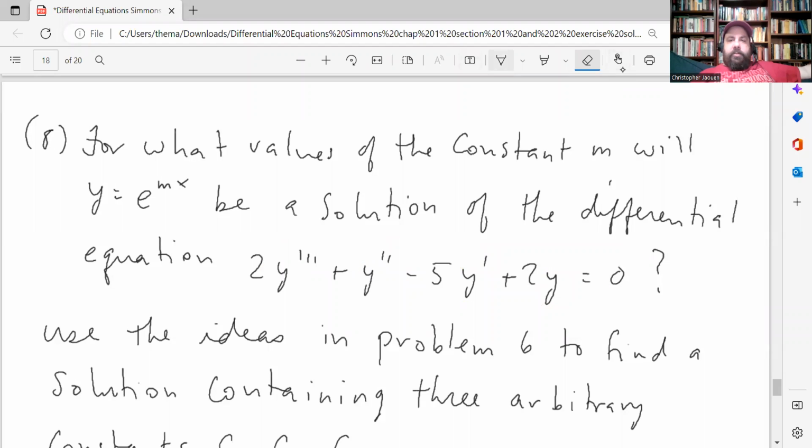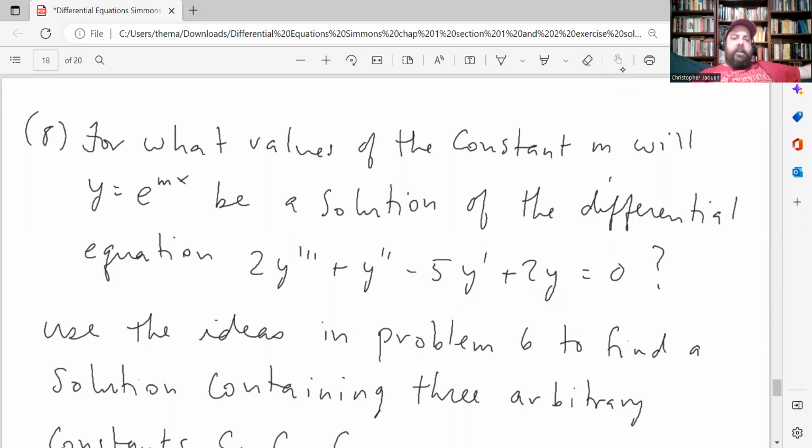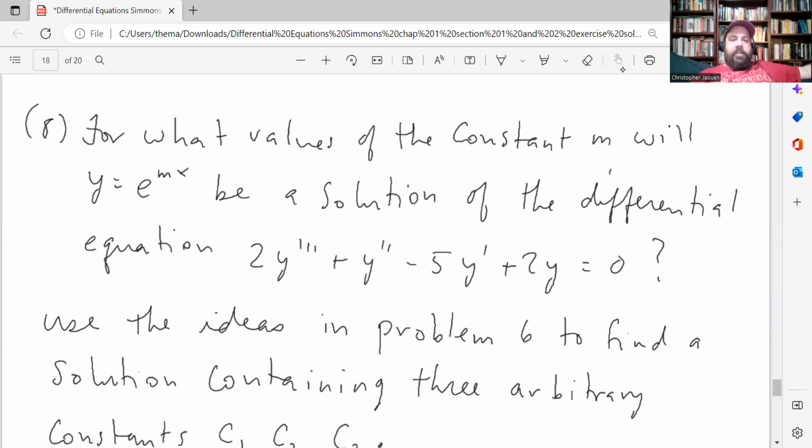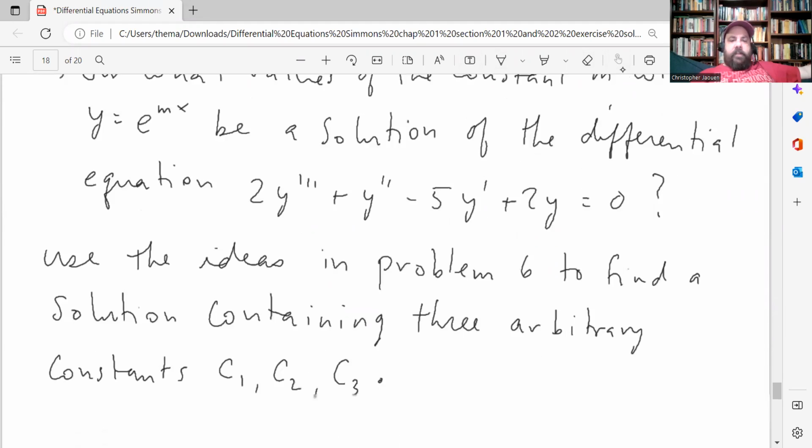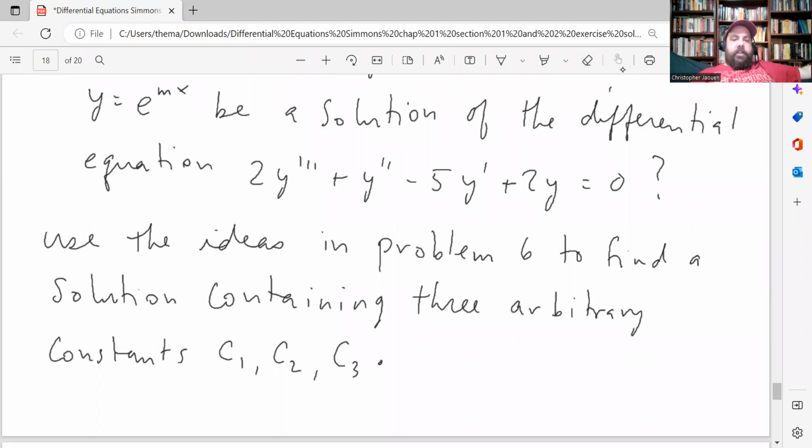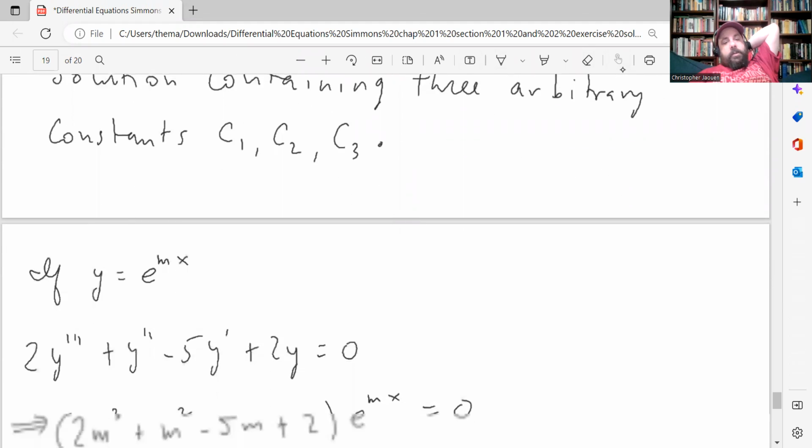So we want to figure out what value of the constant m in y equals e to the mx will solve that differential equation. And then they want us to use the ideas in problem 6 to find a solution containing 3 arbitrary constants, c1, c2, c3. When we go through the problem, you'll see that we get 3 different solutions, and then we'll just take a linear combination of them.